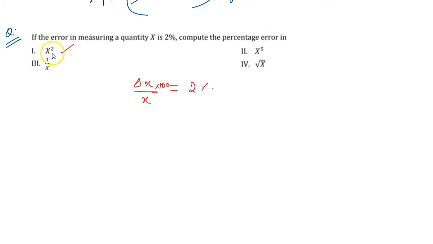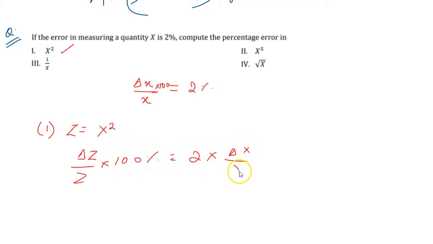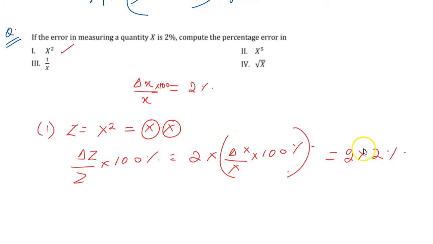So, if we observe x squared, let us say z is equal to x squared. So, we have to find percentage error in z basically. So, percentage error in z will be equal to 2 times the percentage error in x, right? Because x square you can write it as x into x. So, here you can see the quantities are multiplied. So, you just need to work accordingly, and it is 2 times of 2%, right? Because delta x by x into 100 is 2. So, this will be 4%.